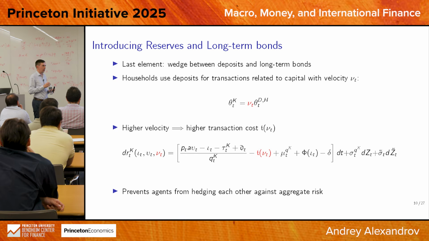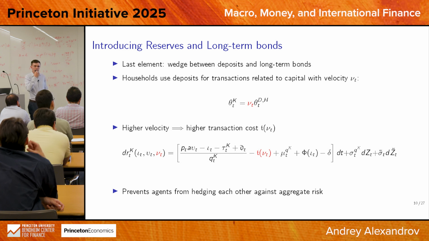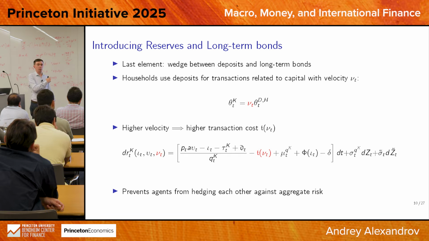We don't have a strict market segmentation in the sense that everybody can hold long-term bonds, but some agents are going to have a convenience yield on deposits purely to prevent them from sharing aggregate risk perfectly. That's the only reason why we put it in. Yes? Rotemberg, that price dispersion term doesn't come at all. There's not going to be any price dispersion because that's Rotemberg, and we look at a symmetric equilibrium.